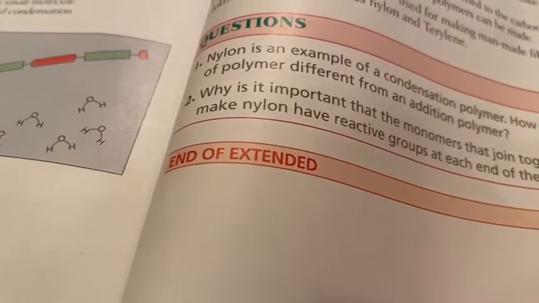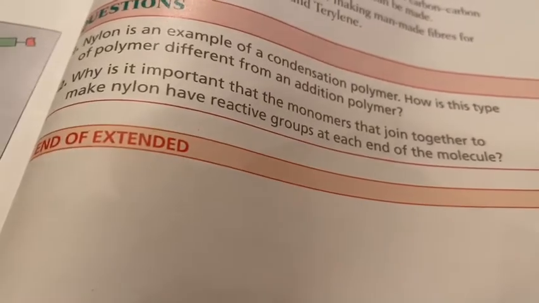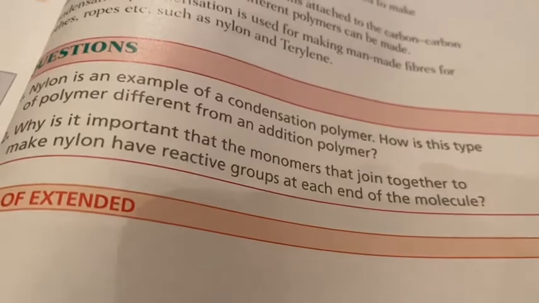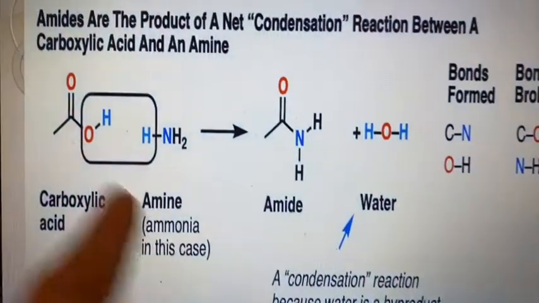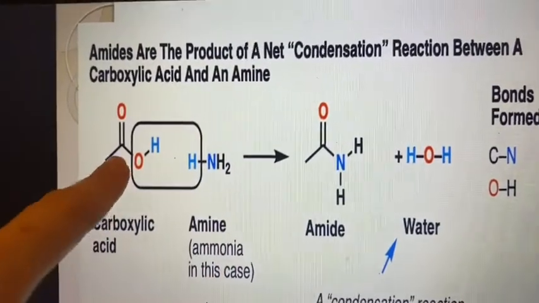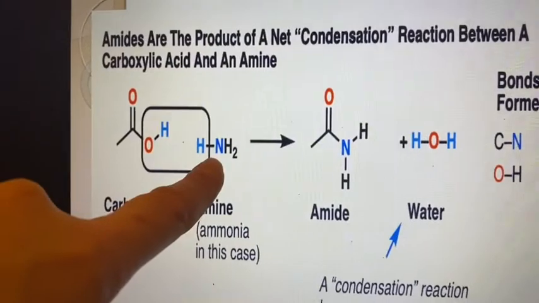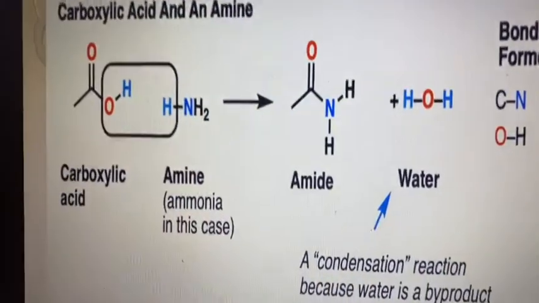Okay. Question number 2: why is it important that the monomers that join together to make nylon have reactive groups at each end of the molecule? They are asking why the monomers need these groups at their ends. So they can eliminate the small molecule and link together.